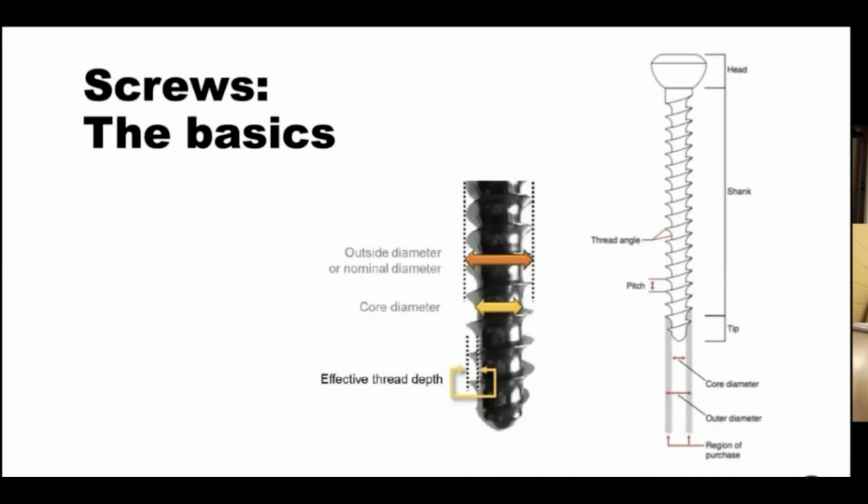So let's start with some basics about screws. There are many, many different kinds of screws. One thing I found really helpful during my training as a medical student and as a resident was to spend some time at the back table with the scrub techs or the reps and start to look through the different kinds of screws. Hold one screw next to another, learn the difference between a cortical screw and a cancellous screw, and see and feel the difference in your hand.